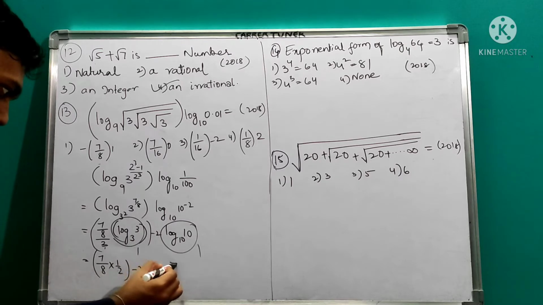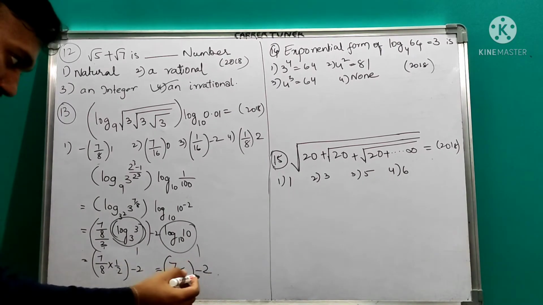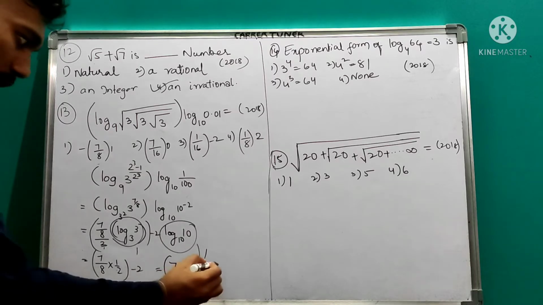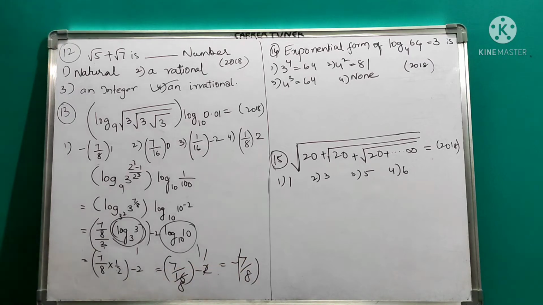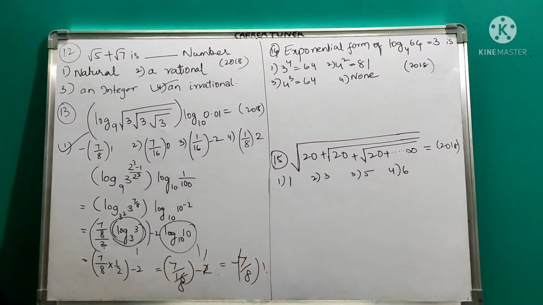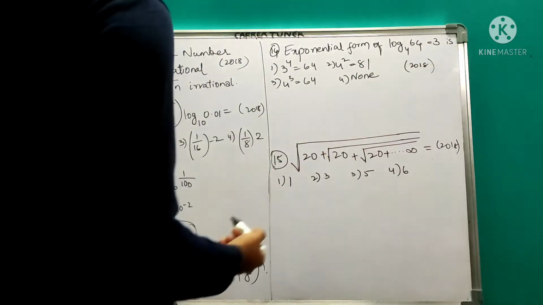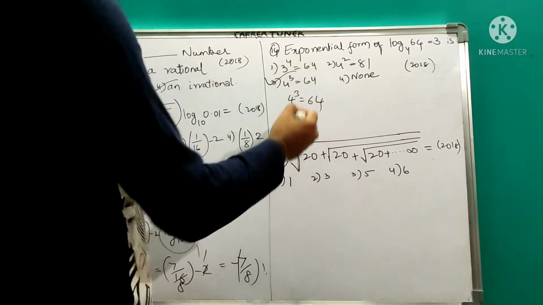So what is the answer? 7 by 8 twos are 16, of minus 2. So 7 by 16, minus 2 is as it is. So it will go for 2 ones are 2, 2 eights are 16. Okay. So how much is the answer? Minus 7 by 8. So first one. Into 1 is there, if you want you can put 1, no problem, that will be the answer. So next question, exponential form of log 64 base 4 is equal to 3, that is nothing but 4 cube is equal to 64, third option.